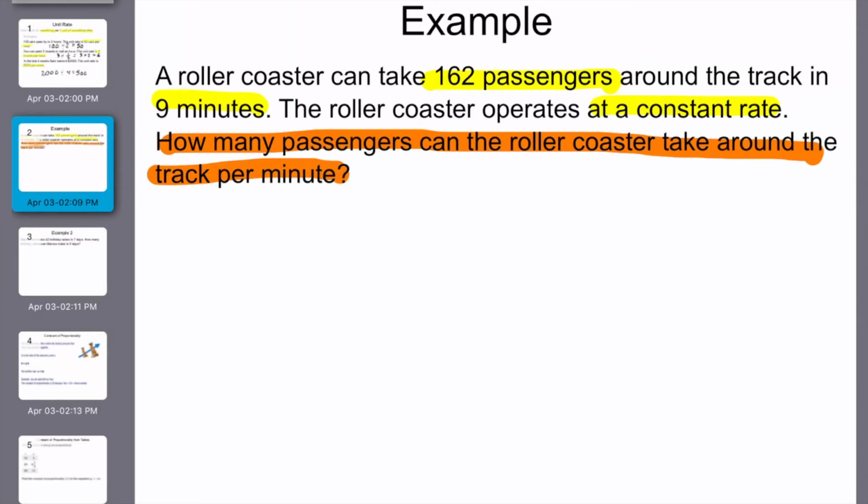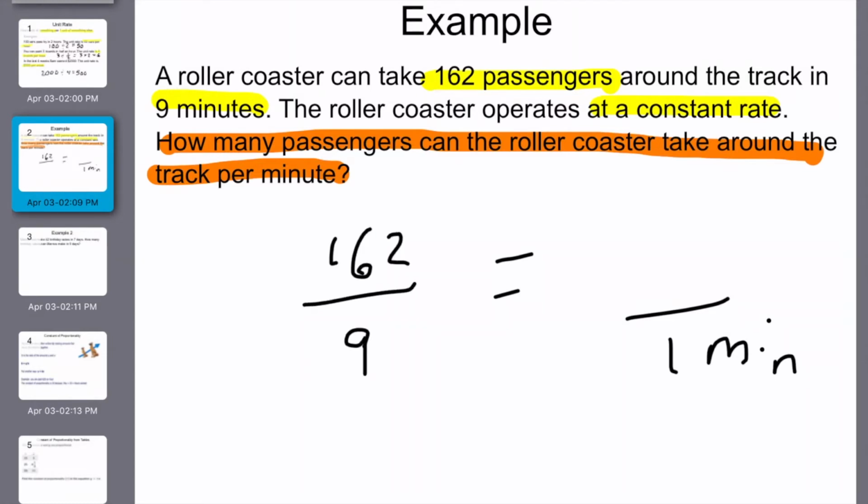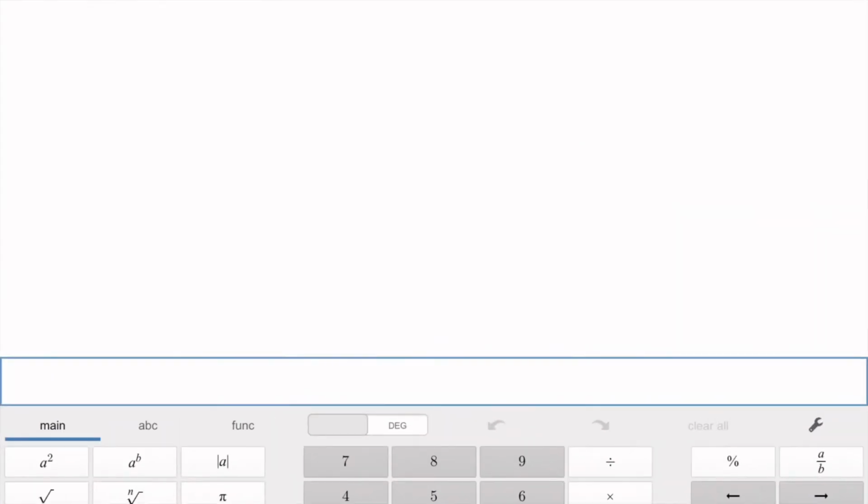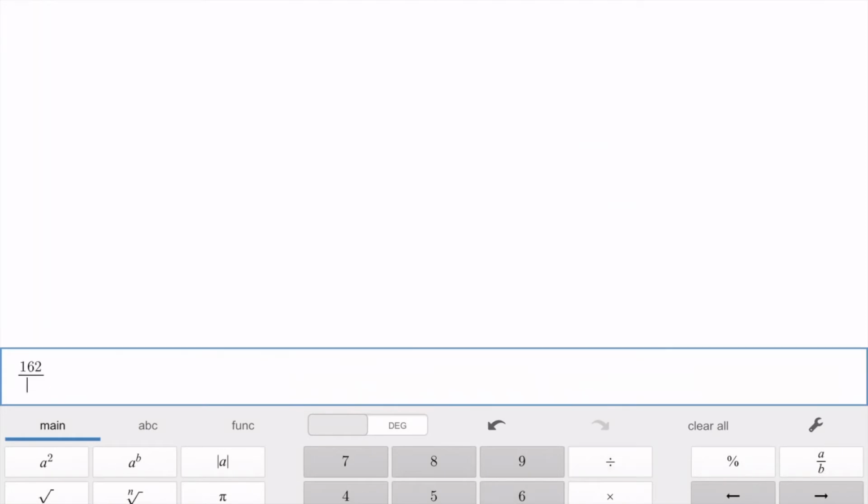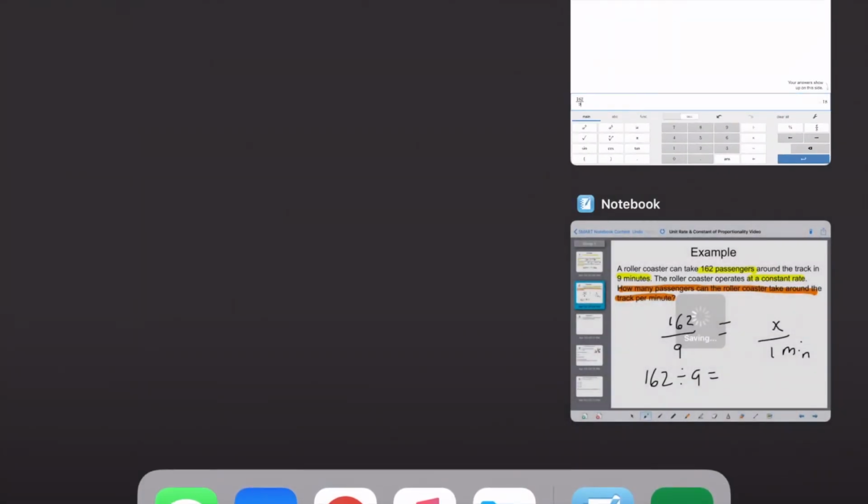So at the end, it needs to be over 1 minute, per 1 minute. And we have 162 over 9. So what we can do is simply 162 divided by 9. And let's switch over to a calculator. 162 divided by 9 is 18.